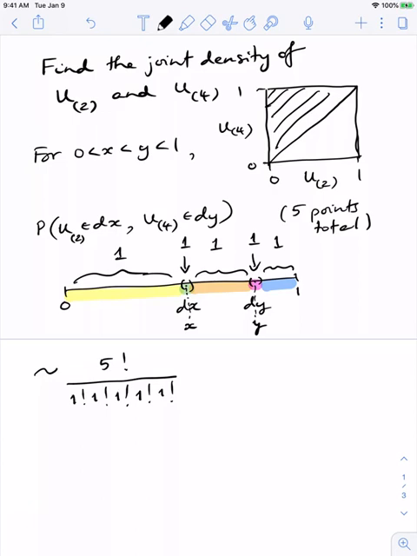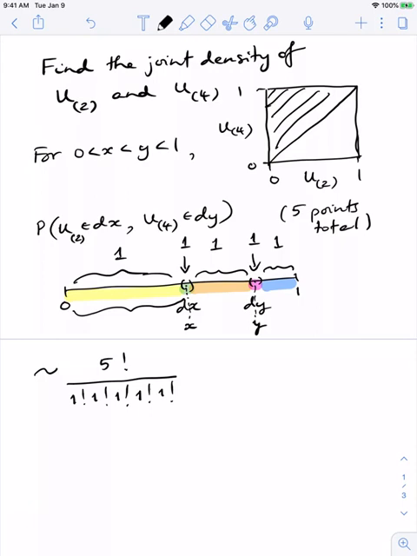So now if I look at this yellow category, this is the interval from 0 to x. The random variables that are falling are uniform on 0, 1. So the chance that a uniform is in any particular interval is just proportional to the length of the interval, and the length of this interval is x.